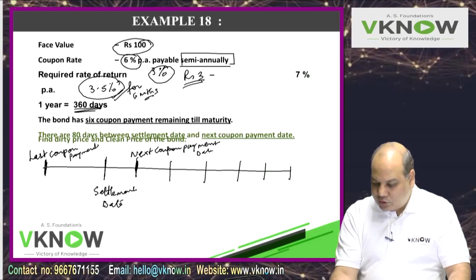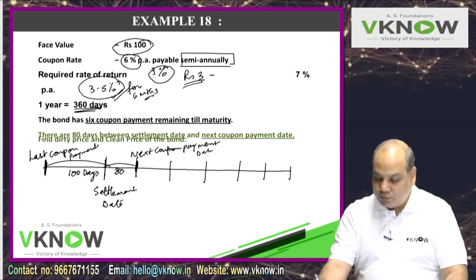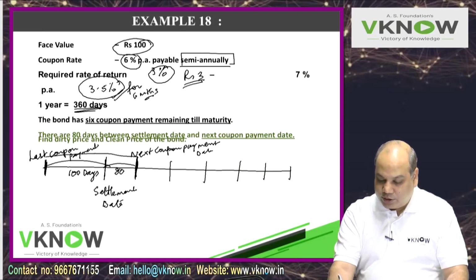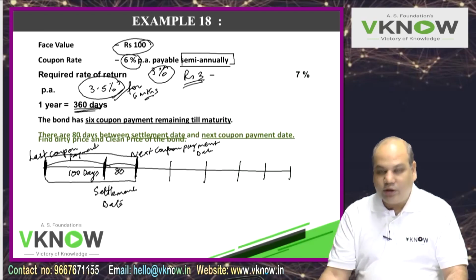Okay. So this gap is 80 days. So this gap is 100 days, because it is a semi-annual bond. So half year means 180 days. 100 days are over, 80 days are pending.